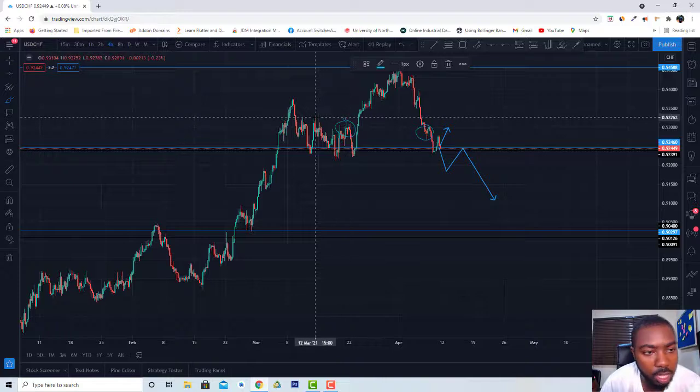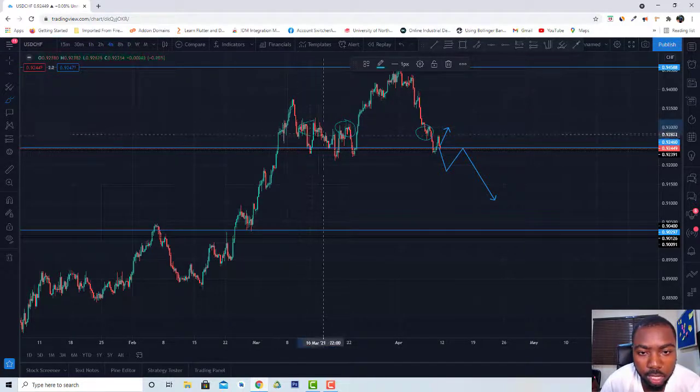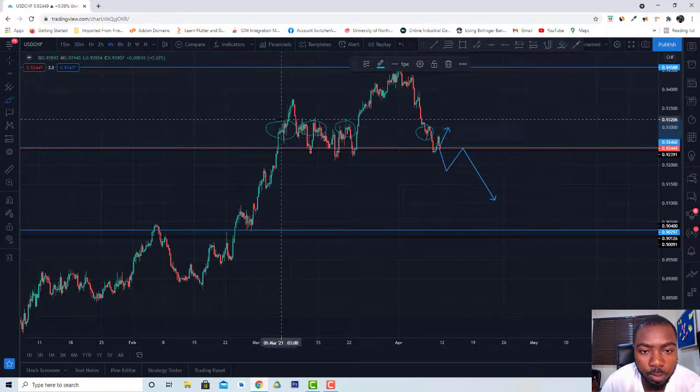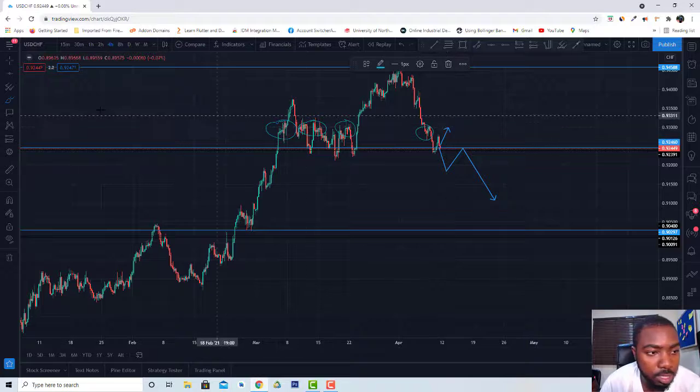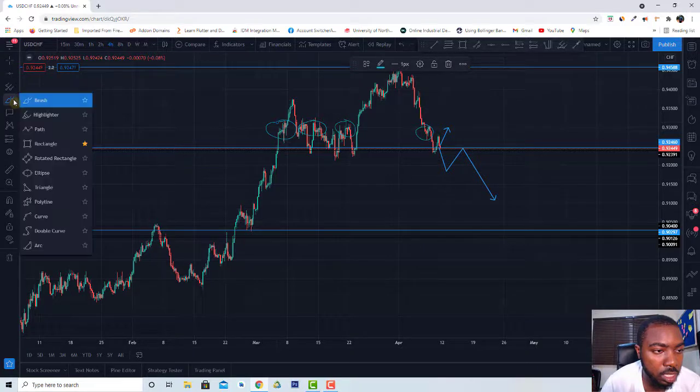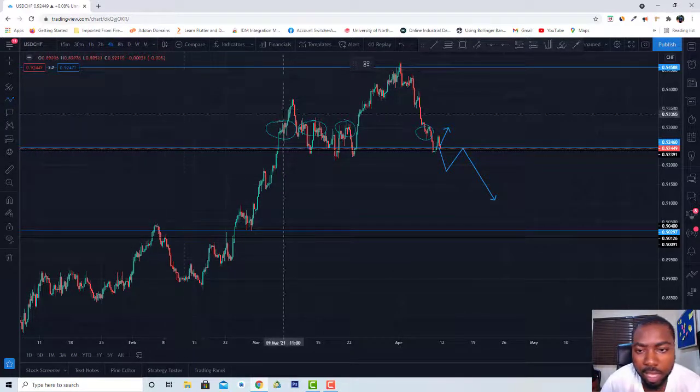What are you seeing there? An important point of structure. The market is testing at that particular level. So we are going to expect this market to come to this level. Then we are going to have a pullback.